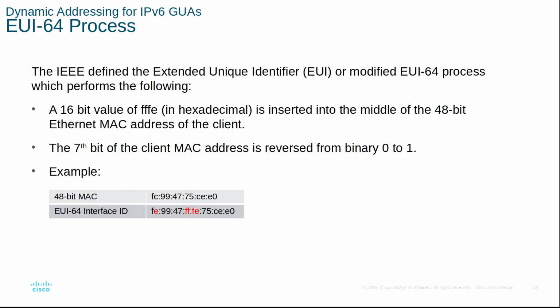And then the 7th bit is reversed from a binary 0 to a 1. So this way you get a unique address, right? Because all NICs should be unique. We just take the MAC address and use that to calculate the information. Some people don't like this because you can see the MAC address in it. It is what it is.